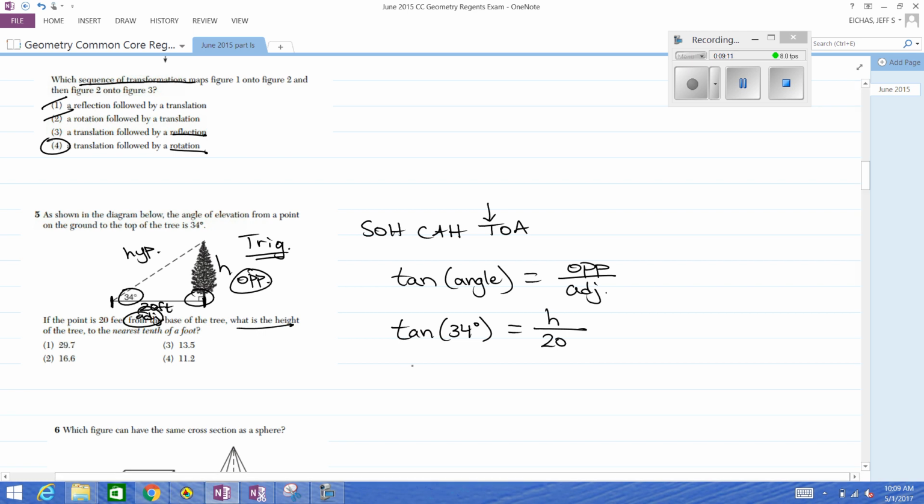All right, what my calculator gives me is 0.6745, and there's some other stuff after it. So I don't round yet. What I teach my students is that a trig function is the ratio of two sides. So when it gives us a decimal, I like to teach them to put it over 1.